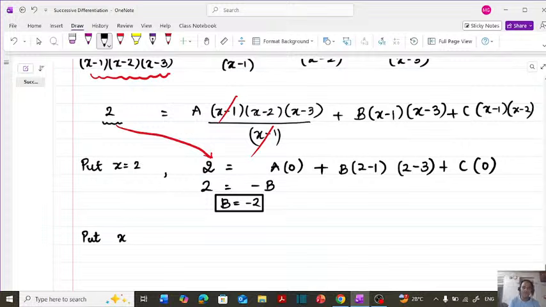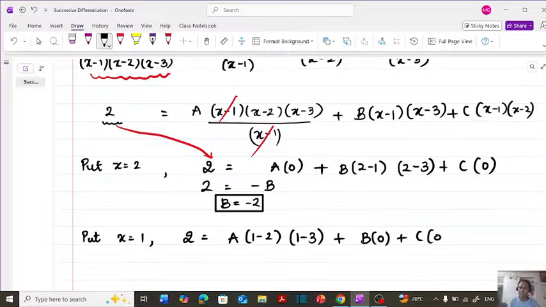Put x equal to 1. When you put x equal to 1, accordingly the terms get cancelled and you get 2 equal to a times (1 minus 2)(1 minus 3) plus b times 0 plus c times 0.